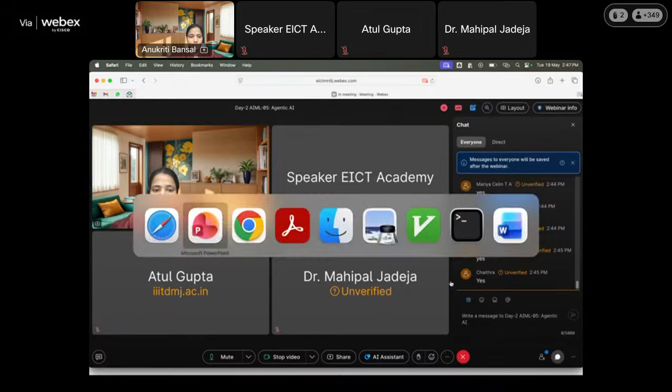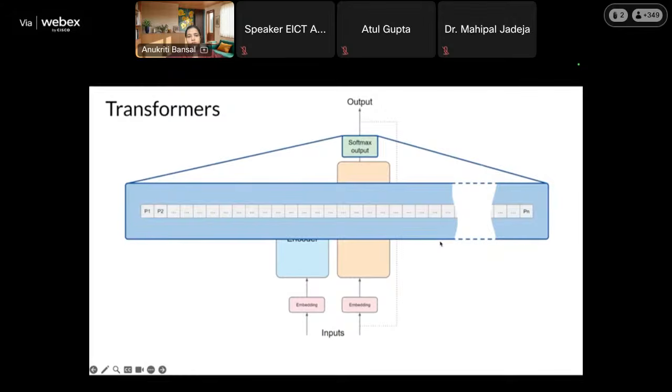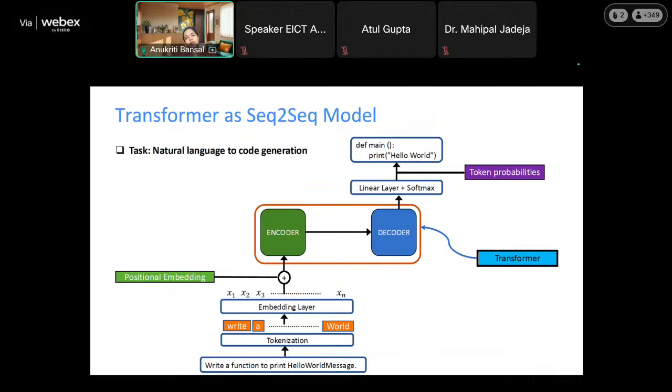Okay. So this is the overall architecture, the different components we have in the transformer architecture, what these tokens and representations and multi-head attentions are. But how do I use these models?